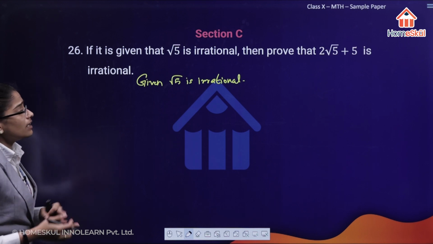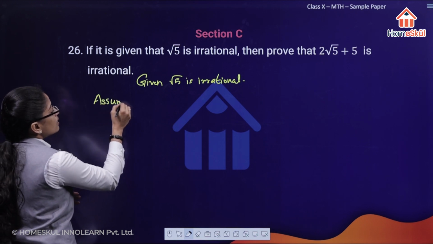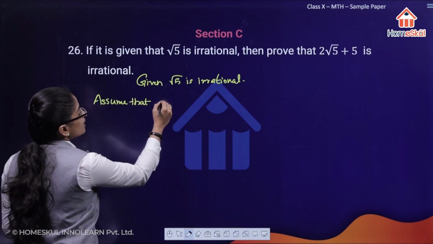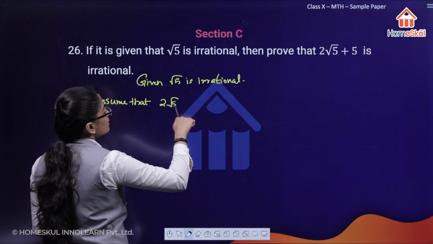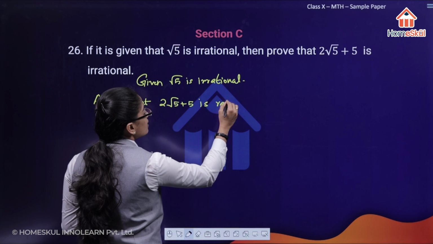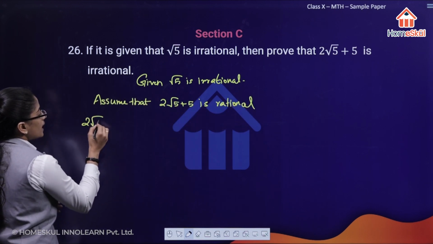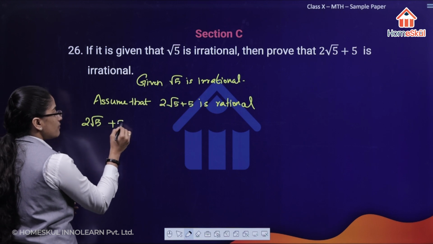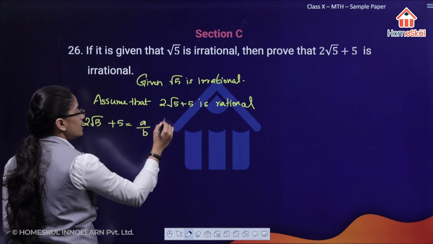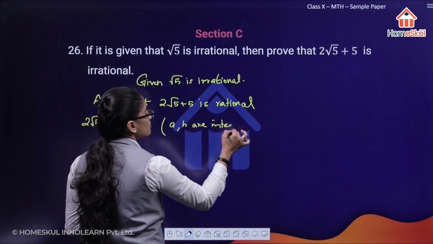Let's take the contradiction of it. So we will assume that 2 root 5 plus 5 is rational, which means this could be written in the format of a by b, isn't it? 2 root 5 plus 5 is equal to a by b, where a and b are integers and coprime.